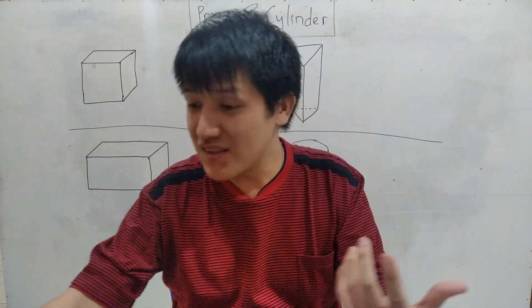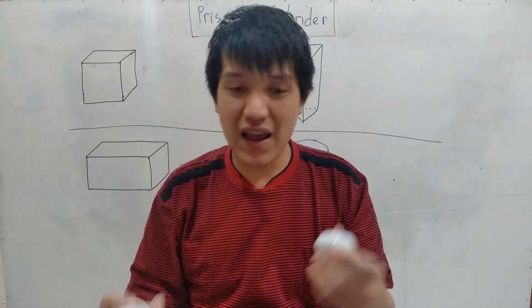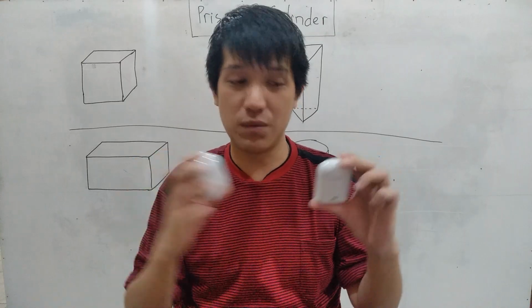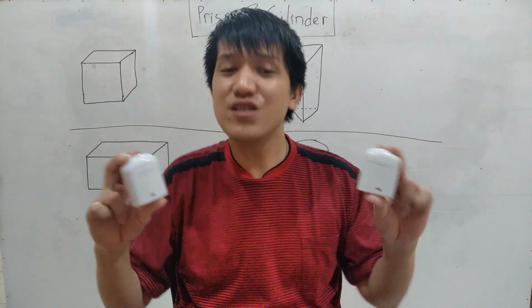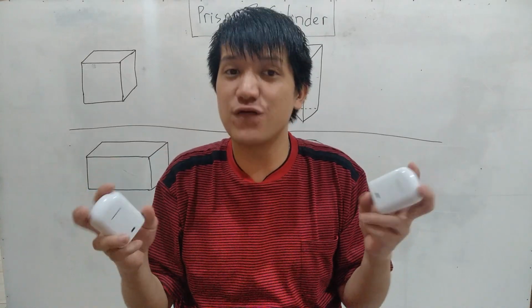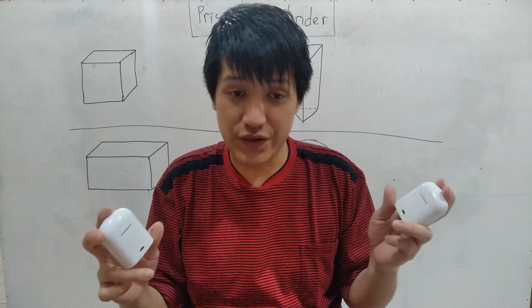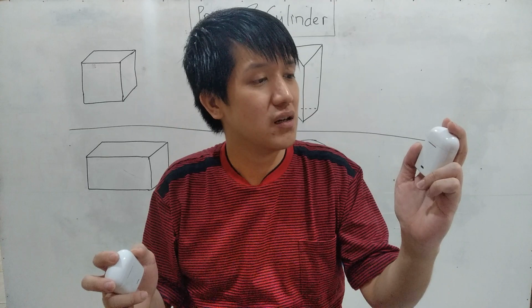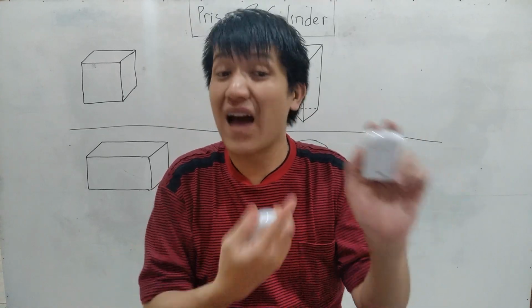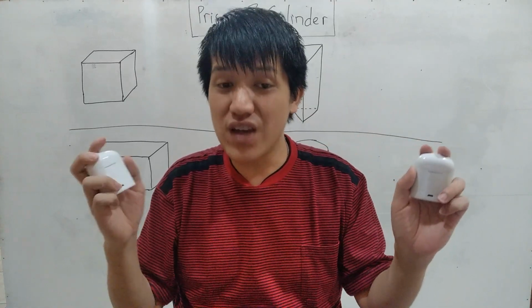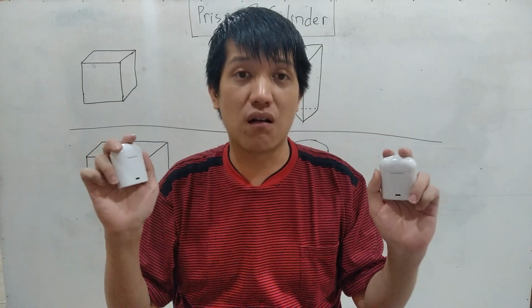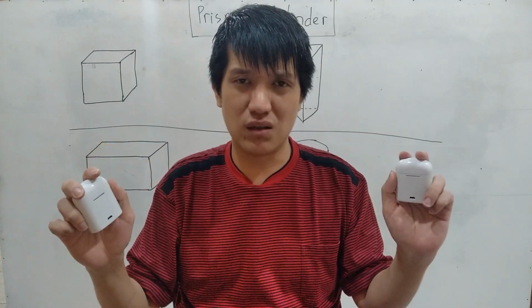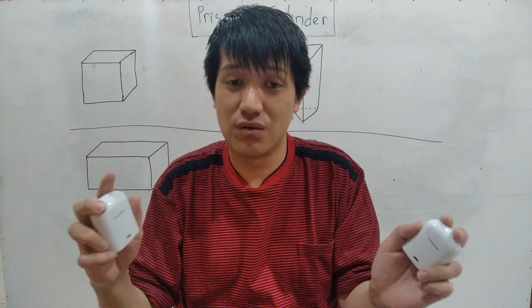To help you understand that a little bit more, I have these two boxes with me here. Let's assume that these two boxes are filled with something different. The first box, I fill it with feather or cotton, for example, while the other box, I fill it with iron, rock, stone, okay?